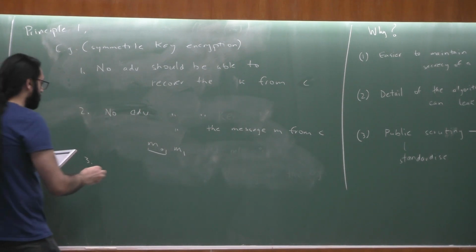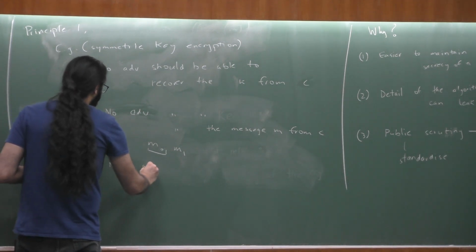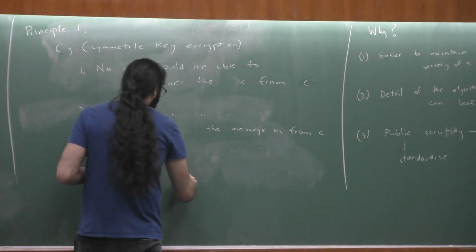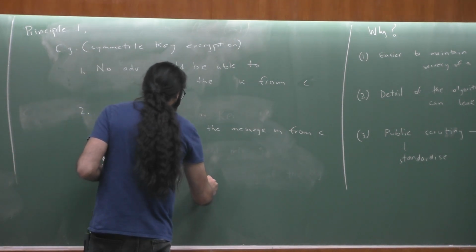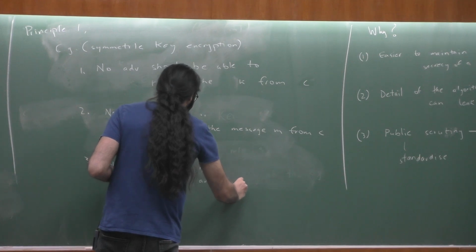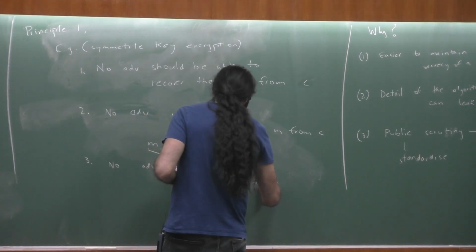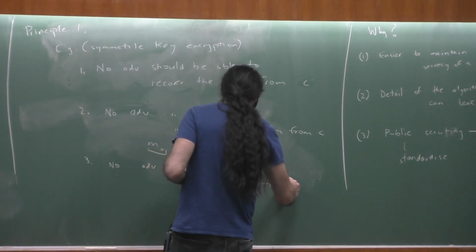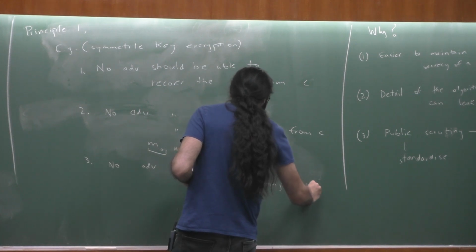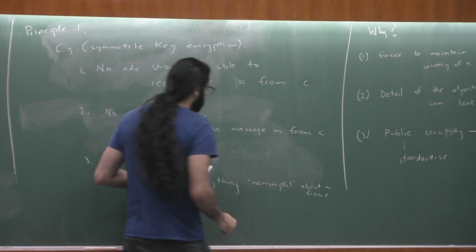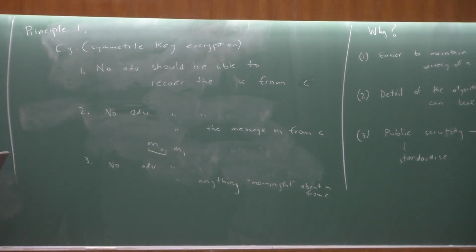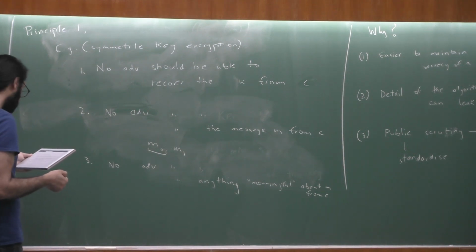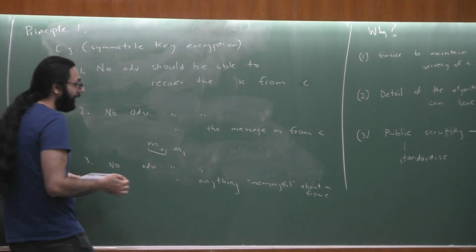So somehow no adversary should be able to recover anything meaningful about M. But then again, it's not very clear what meaningful means, because it could mean different things in different contexts. And how that's formalized is that you should not be able to extract any function.